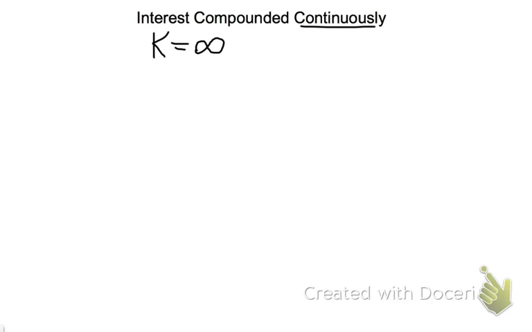The formula for continuously compounding interest, if we consider K approaching an infinite value, takes on a slightly different form: A equals our original principal times the quantity base E raised to the R times T power. It looks like the word PERT, the PERT formula.